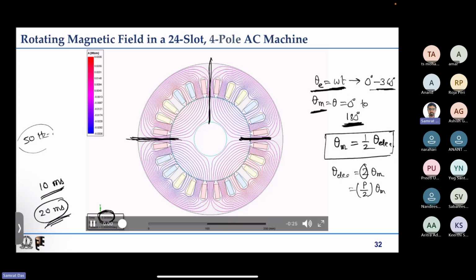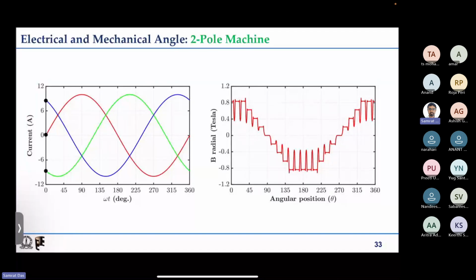So now we'll stop at different locations and look at the B distribution. So this is the first case of a two pole machine. You can clearly visualize that we have a portion, from 0 to 180 degree, where we have all positive flux density, then again from 270 degree to 360 degree we have positive only. So this is like one pole, right, and this is like the other pole where it is negative.